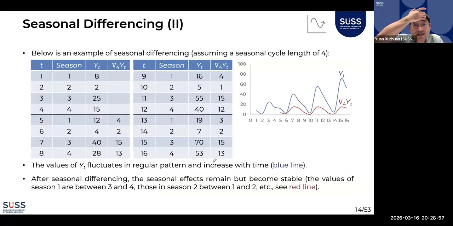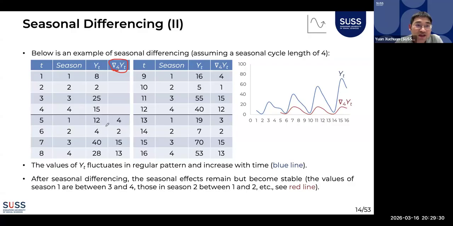Let's look at a seasonal difference example. Here is a time series with 4 seasons in a cycle, so the cycle length is 4, for example quarters: first quarter, second quarter, third quarter, fourth quarter. Nabla 4 with subscript 4 refers to yt minus yt minus 4.